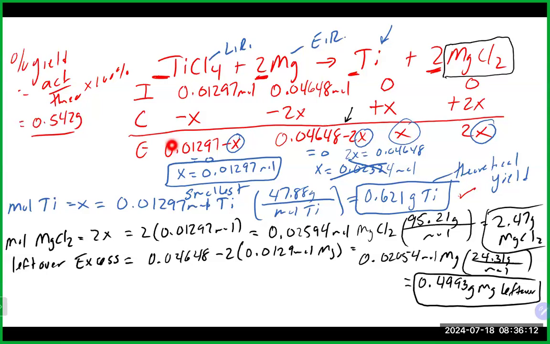So we don't want to use, obviously, the 2.47. 0.621 grams times 100% means in this case, we actually had a percent yield of about 87.29%, or 87.3% in this case. Not terrible yield, high 80s, I guess. Any questions on any of those steps there?